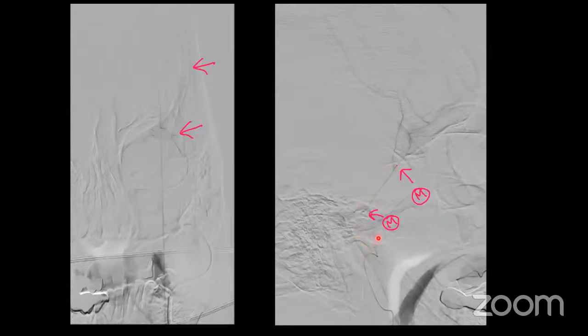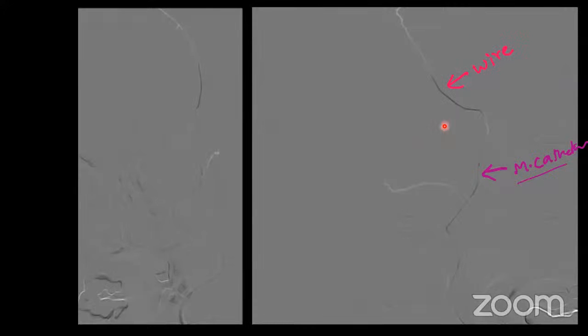We have taken the wire out, and we have taken a selective angiogram of the anterior division of the middle meningeal artery. So then we can push the microcatheter further in order to cannulate this branch.